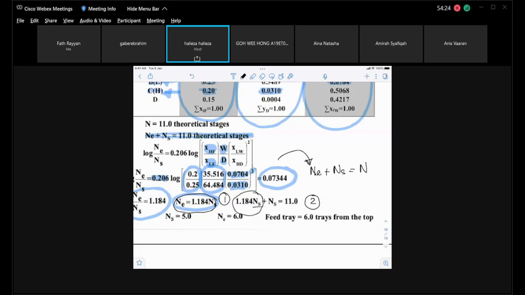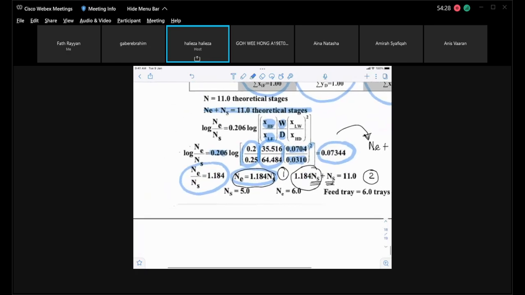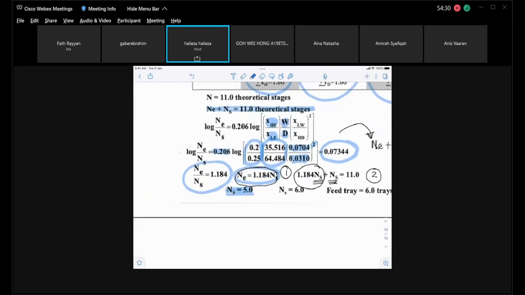So the only unknown now is NS. So you should be able to get your answer for NS, which is the number of stripping section, which is 5. And once you manage to get your stripping section, you substitute it inside this equation, you will get your enriching section.